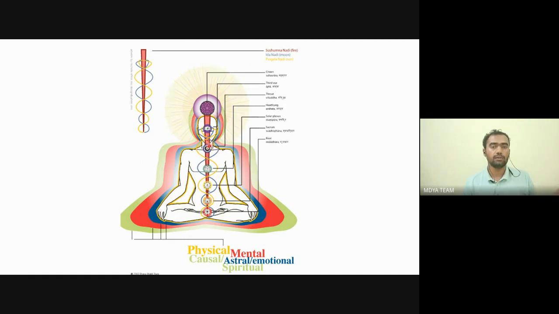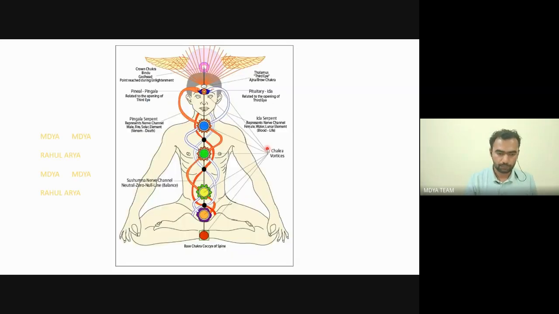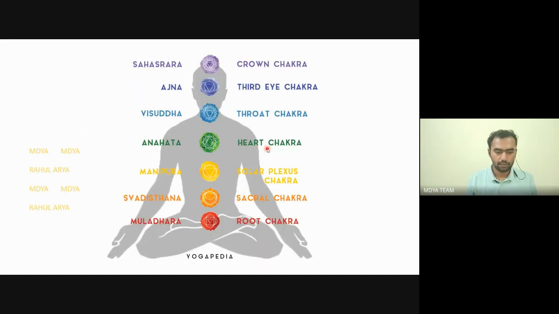Another book says we have more than 100,000 chakras also. Okay. Generally we read the 6 or 7 chakras: Muladhara chakra, Swadhisthana chakra, Manipur chakra, Anahat chakra, Visuddhi chakra, Agya chakra, Sahasrara chakra.